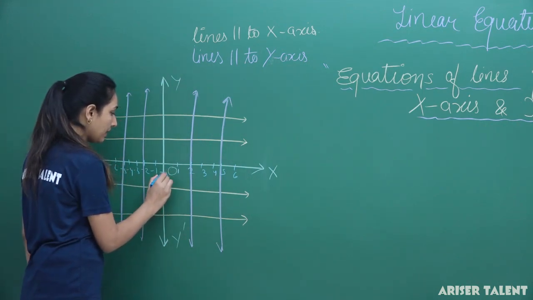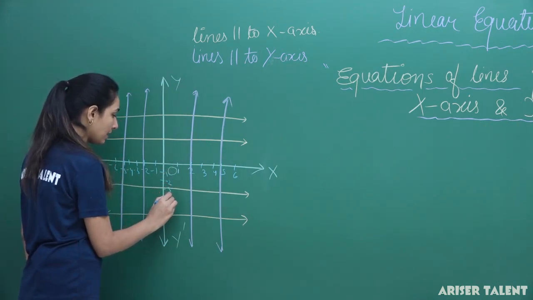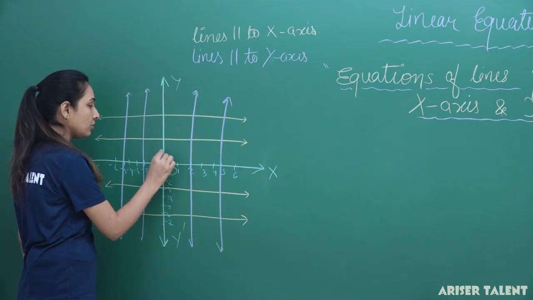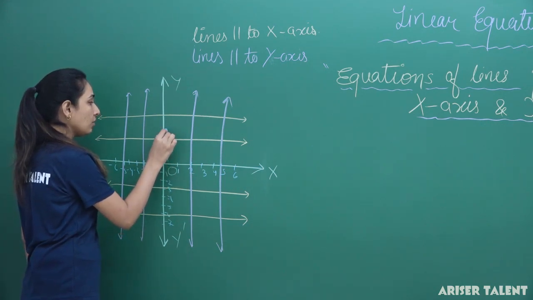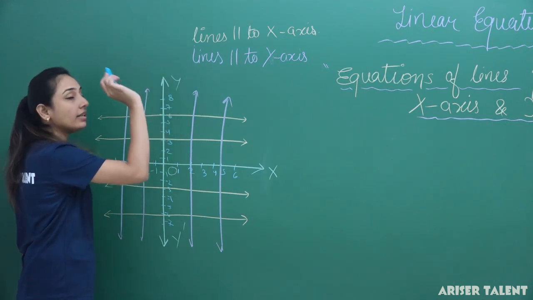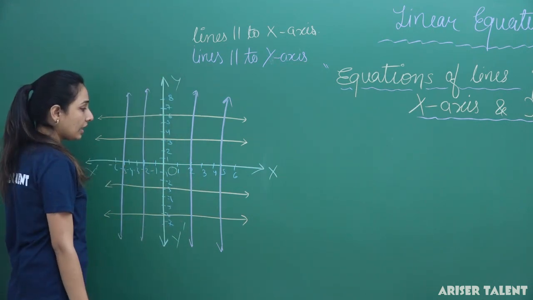Similarly, 1, -1, -2, -3, -4, -5, -6 here, -7 here and so on. Similarly, 1, 2, 3, 4, 5, 6, 7, 8 and so on in upward direction.